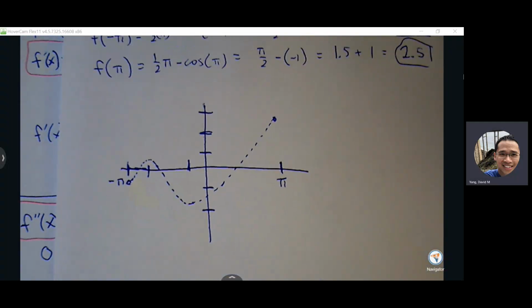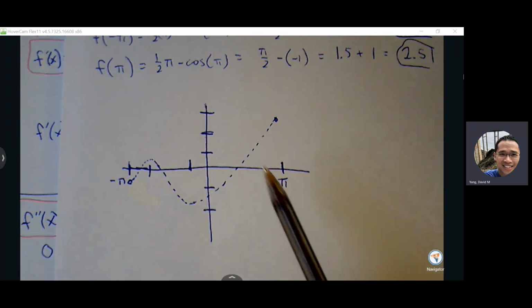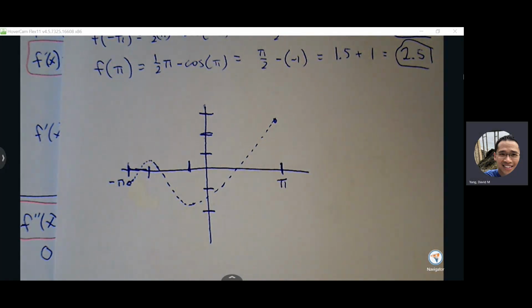So we don't know the curvature, but we know that's the path of the graph, right? There's a relative max, there's a relative min, and it's going to end up there.